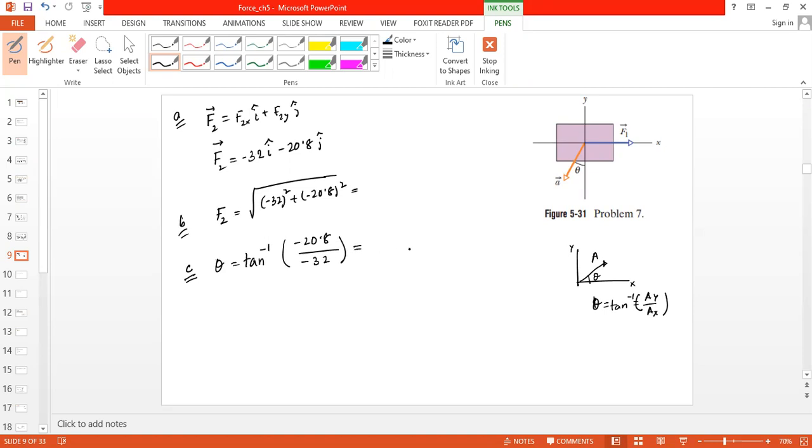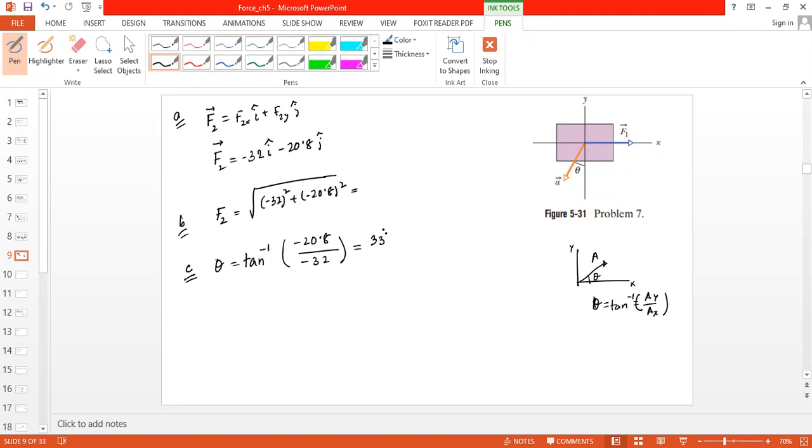Can you do the calculation for me, please? What is the value of tan inverse? 33. So that means it is making a 33-degree angle with the positive x-axis.